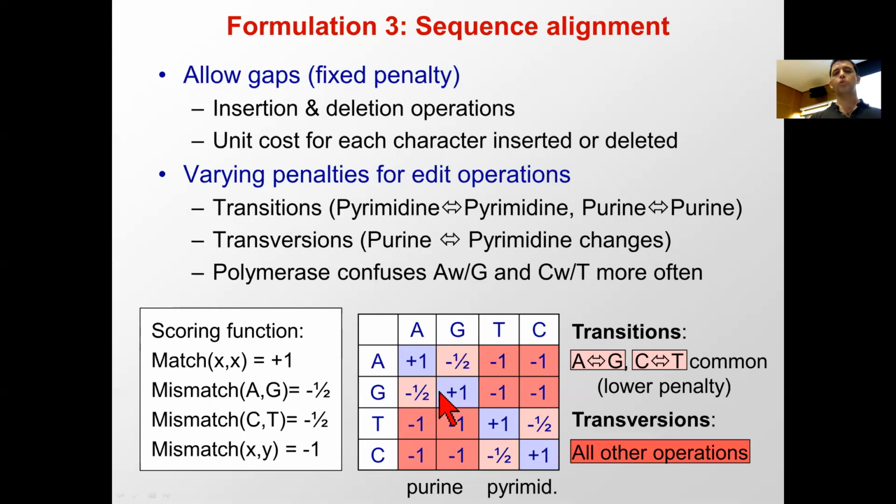When I go between a purine and a purine, or a pyrimidine and a pyrimidine, then these are much more frequently confused by evolution and much more common. So we're going to penalize them less. And we're going to see on Thursday, in 2 days, how this is actually a probabilistic formulation.